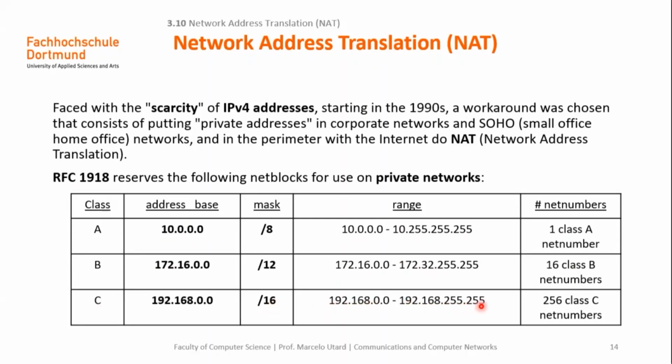And then this net block uses 256 class C net numbers, from the net number 192.168.0 to the net number 192.168.255. Then it is a wide range of addresses that are reserved for use on private networks.